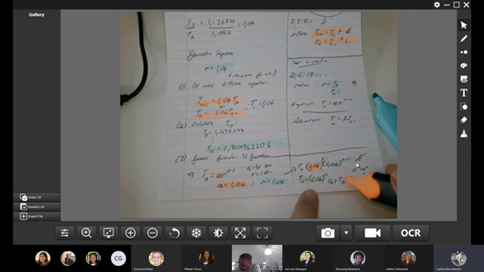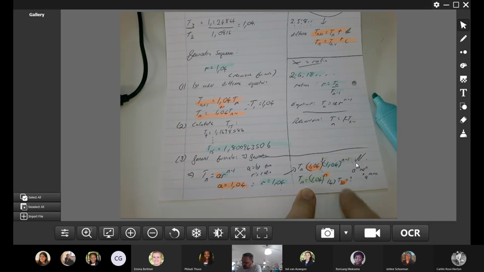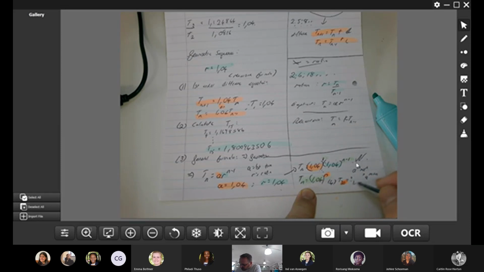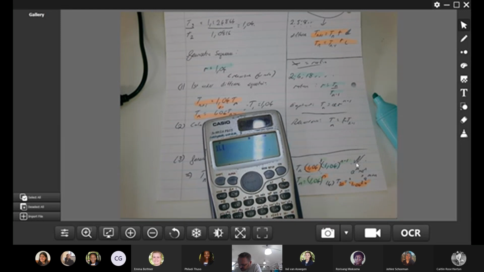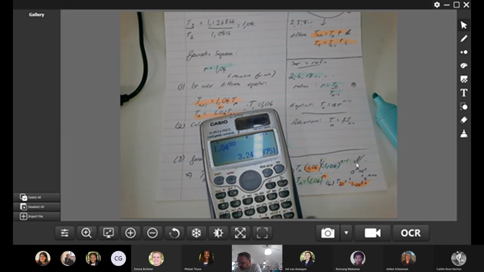Good. Because n is equal to 30, that's the position. So the value of the term in position 30 will be 1.04 to the 30. I don't know if your calculator can handle that. Let's see, it should be able to. 1.04 to the 30.